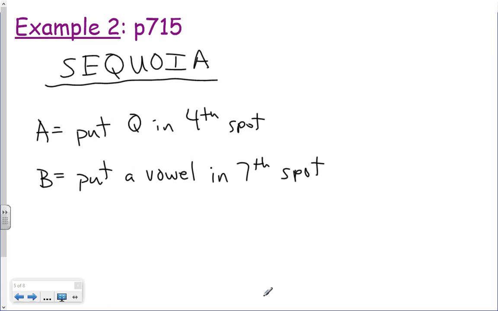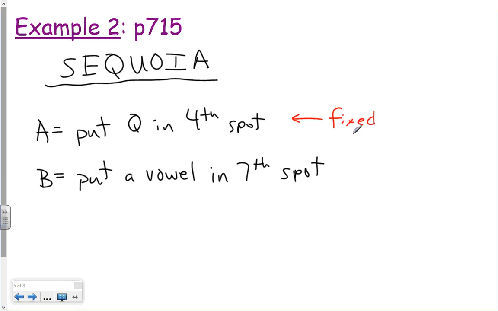So we're rearranging all these letters, and we want to end up with a Q in the 4th spot and a vowel in the 7th spot. Well, before we go any further, let's think about what we have written down here in terms of the 2 phrases we were looking at. When you're putting a Q in the 4th spot, there's only one Q. So this right here would have a fixed position.